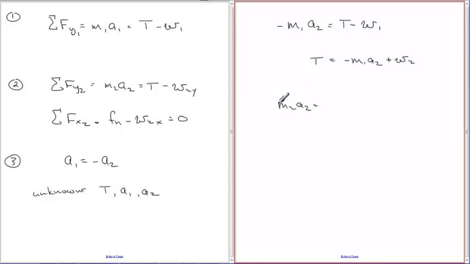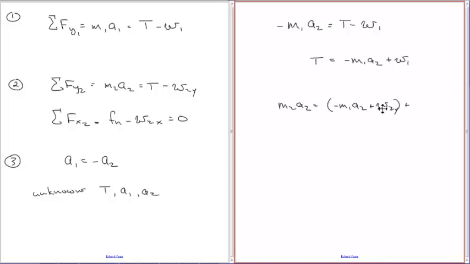So I'll get M2 A2 is equal to T, which is negative M1 A2 plus W2Y, plus, should be W1 right there.